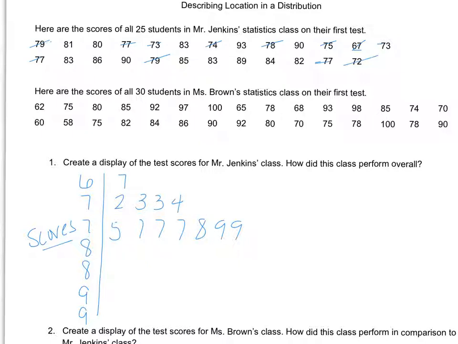Okay, the first 8 is going to be the lower 80s, so there's an 80, an 81, I have 82, I have 83, 1, 2, 3 times, and an 84.